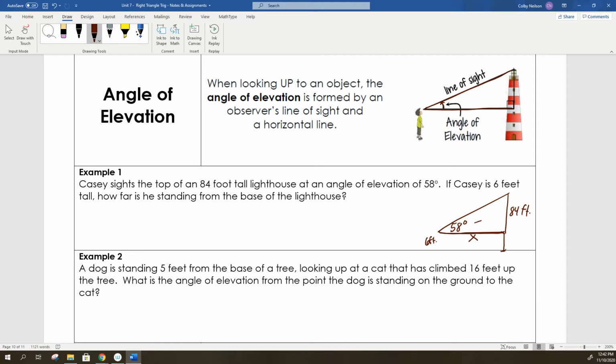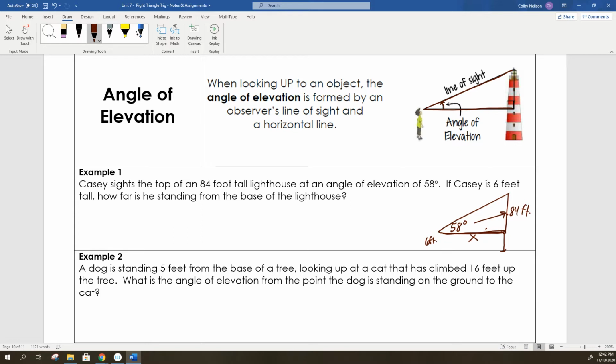We have the 84-foot side and X. So what's the relationship of the 84-foot side and X? Opposite and adjacent. So opposite is the 84-foot side, adjacent is the X. So what trig function is that? You have 1 in 3 chances. Maybe a better one when you look up here.